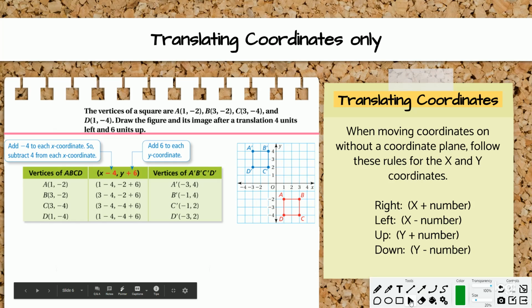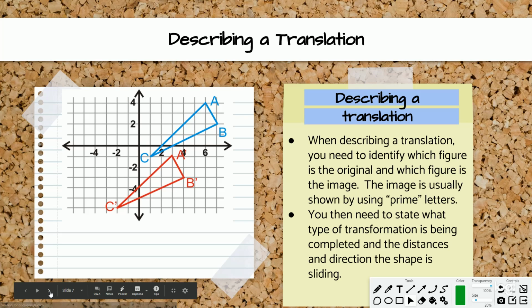So on your homework, you're going to have different types of examples for all of these. The last thing we're going to be going over is how to describe a translation. And if you look at our picture here, we're going to describe what the translation is doing. So when we are describing a translation, we need to identify which figure is the original and which one is the image.